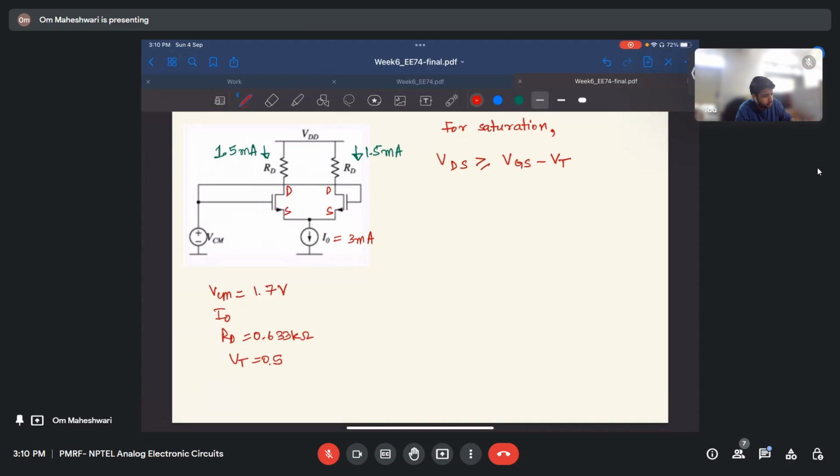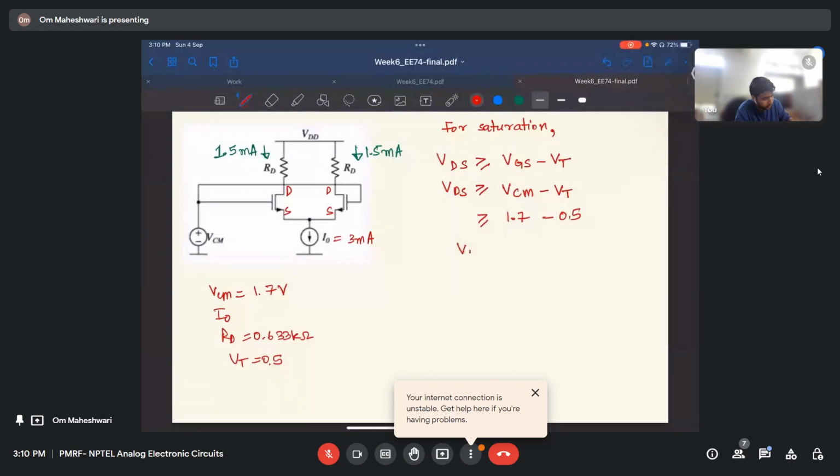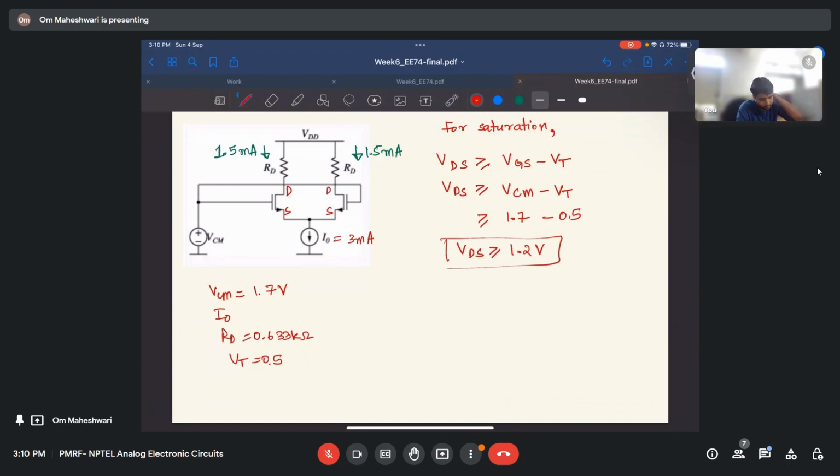So VDS is greater than or equal to VCM minus VT, and VCM is given 1.7 and VT is 0.5. So VDS is greater than or equal to 1.2 volts. We have one condition now. Let us take it equal, VDS equal to 1.2 volts.